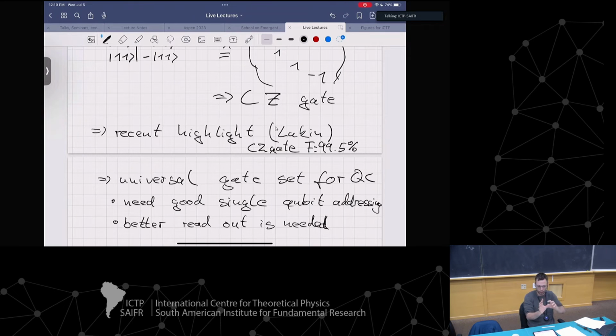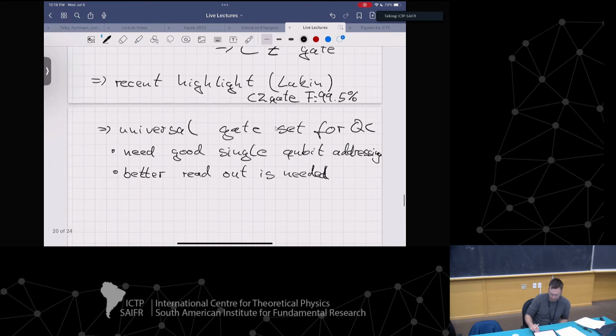You want to perform a readout, and then actually keep most of your processor coherent, and then with that readout perform correction operations, or just keep track of those readout results to perform error correction. So we need really good readout that doesn't destroy the qubits. On all of these fronts, there's a lot of progress, and that's also what my group is working on, having really good readout that doesn't destroy the atoms, and that can be used for quantum error correction.